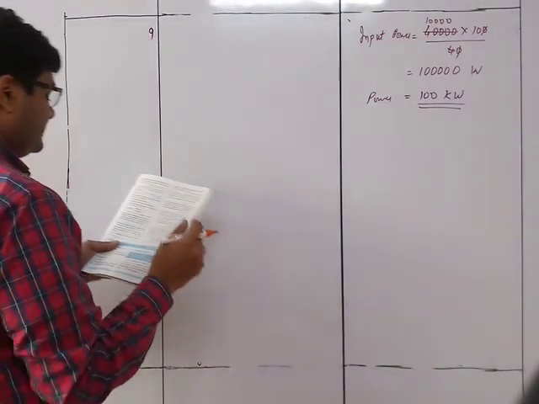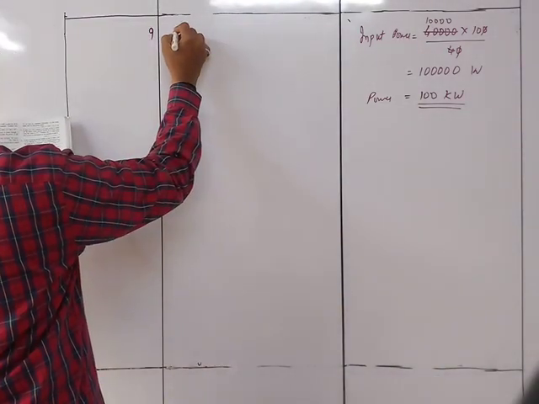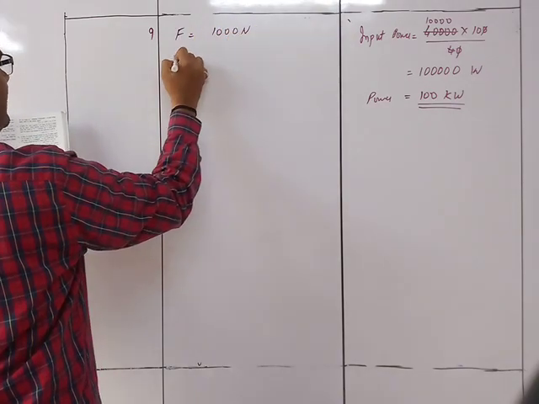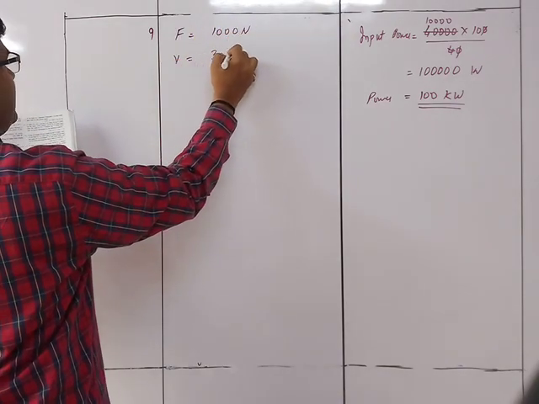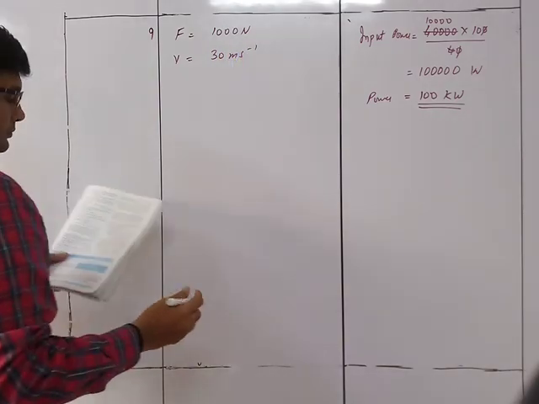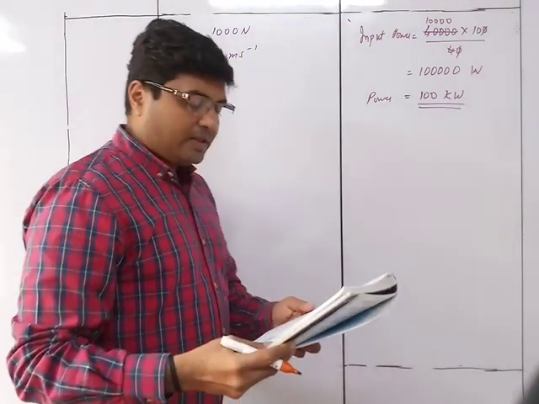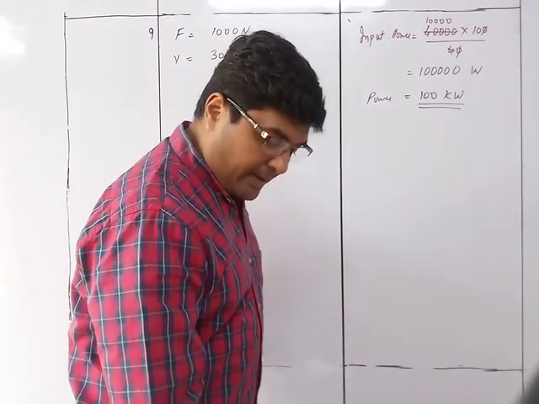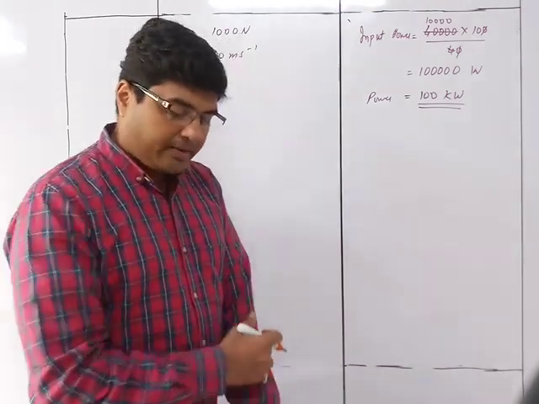So the force is 1000 Newton and the velocity is 30 meters per second. We need to calculate the power developed by the ox.